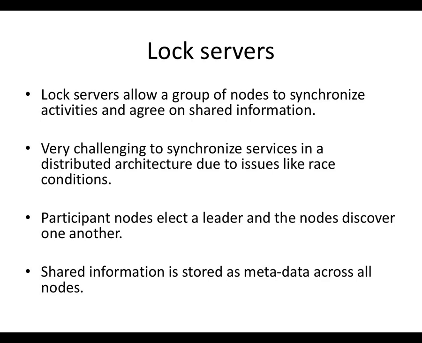So 3 of the 5 servers have to agree on the leader. And once 3 of the 5 servers agree on a leader, then future communications go through the leader. And the leader then coordinates the synchronization of data with other systems.